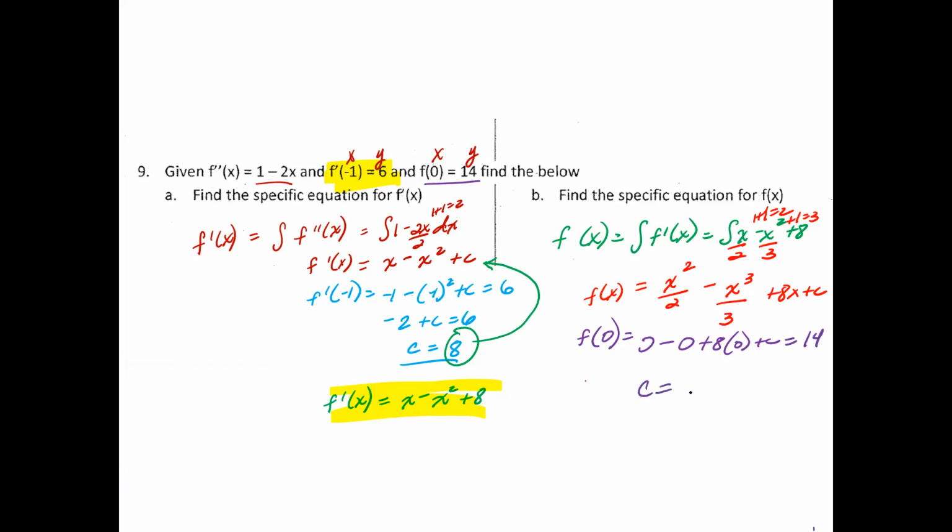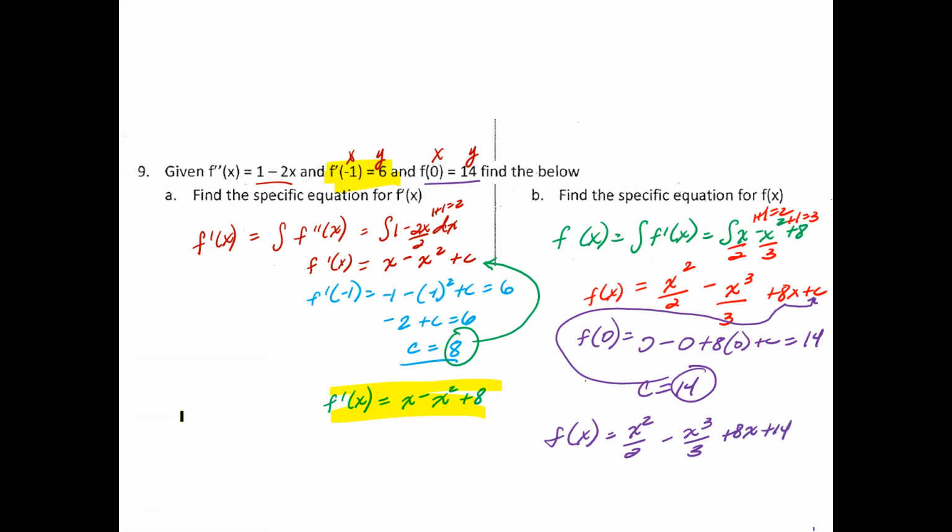So c equals 14. So then what is f of x? f of x is going to be, I'm going to take this 14 and plug it right over there. There we go. x squared over 2 minus x to the third over 3 plus 8x plus 14. And that is my equation, you guys.